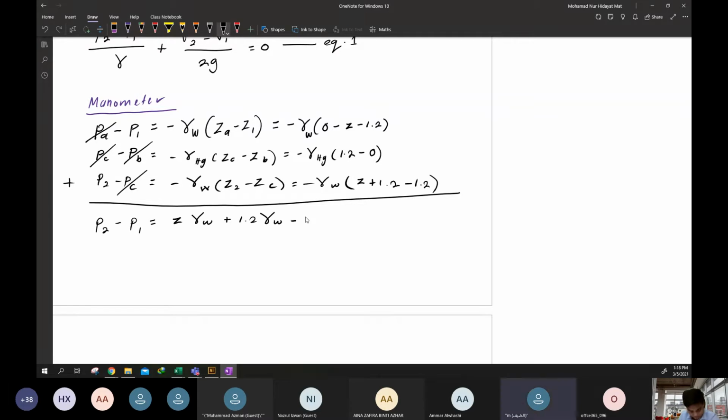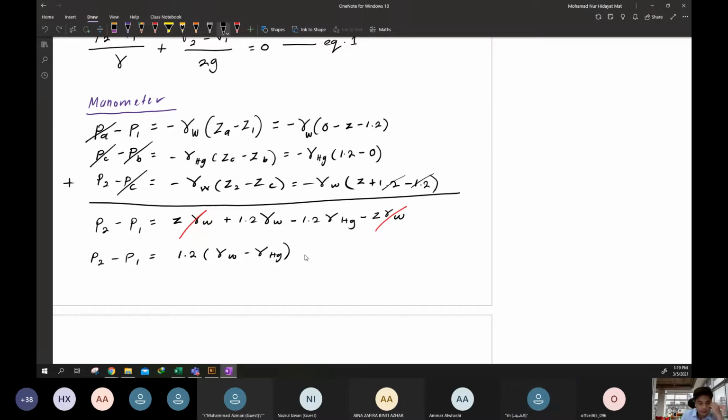This one, the bottom, the middle part, and then this cancels. We have negative Z gamma of water. So can you see we can cancel out this one, the same with this one? So what we only have now is P_2 minus P_1 equal to, factorizing 1.2, gamma of water minus gamma of mercury.